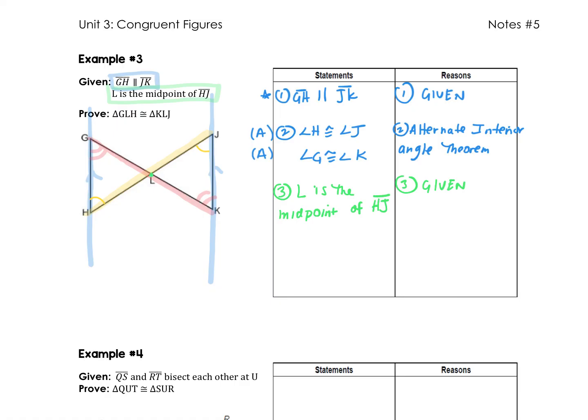If L is that midpoint, then what it does is it divides the segment into two congruent parts. So our takeaway, and what we're going to put in line 4, is to say that line segment HL is congruent to line segment JL, or LJ. The key word in line 3 was midpoint, so we're going to use that as our reason for line 4, definition of midpoint.